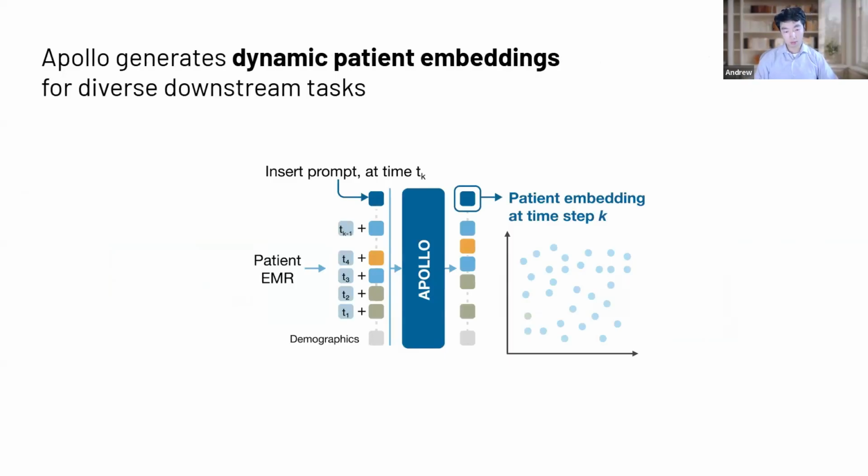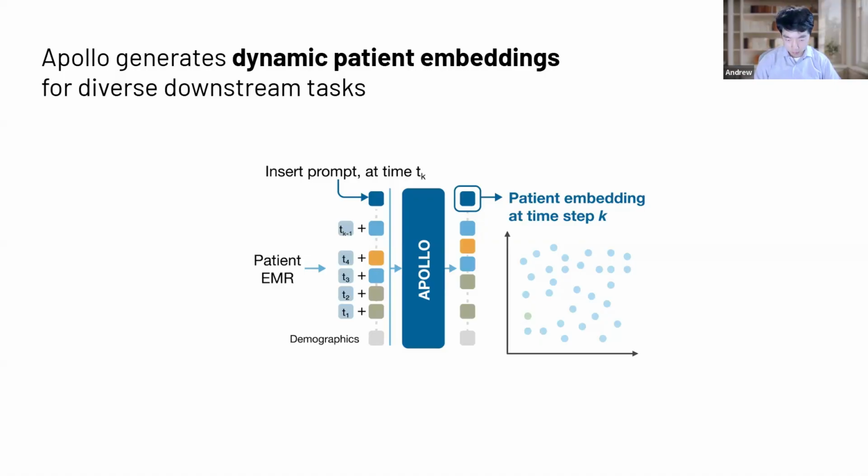The way we generate a patient embedding is we insert a prompt, and because the model is trying to reconstruct these tokens anyway, it takes that prompt and generates an embedding. The prompt we use for the majority of our tasks is a masked diagnosis token. We tell the model there's supposed to be a diagnosis event here and try to predict that.